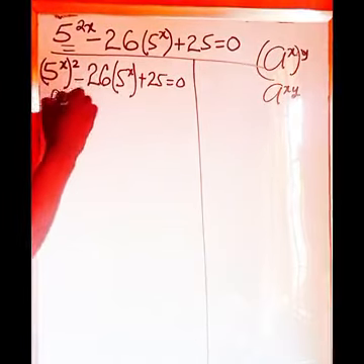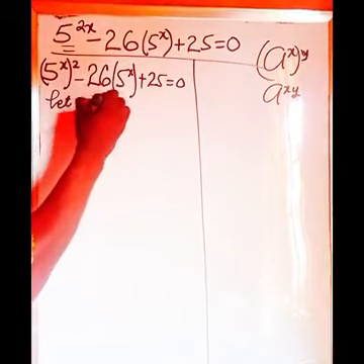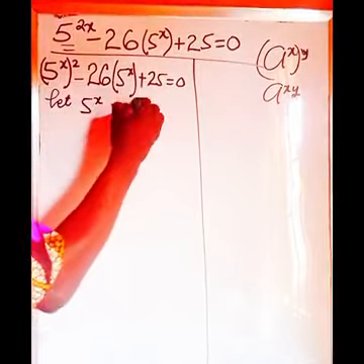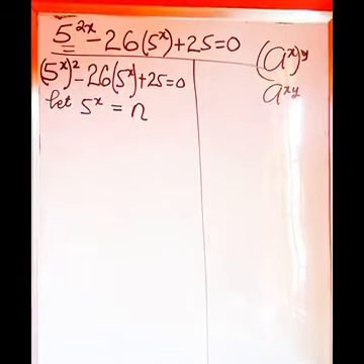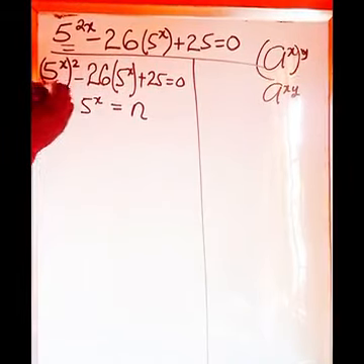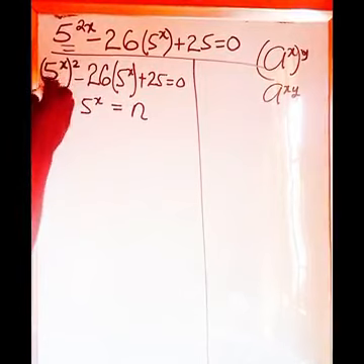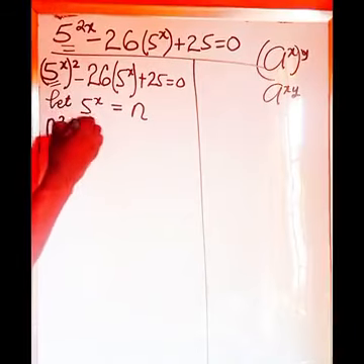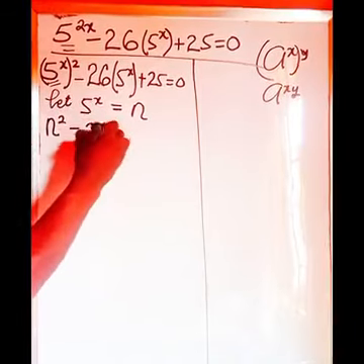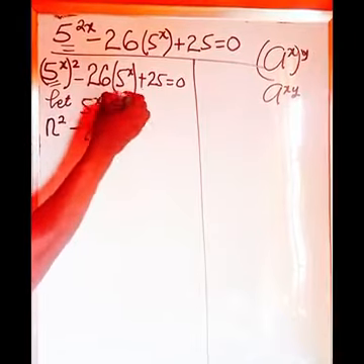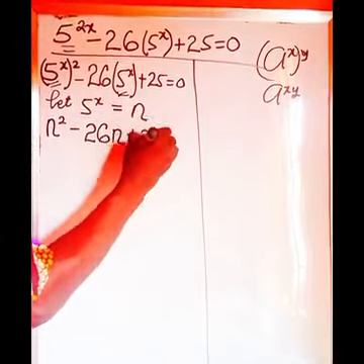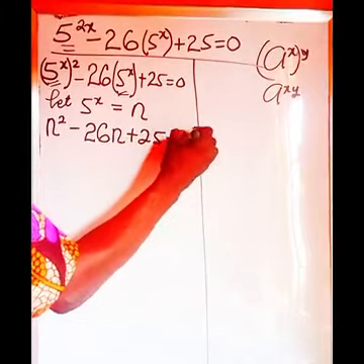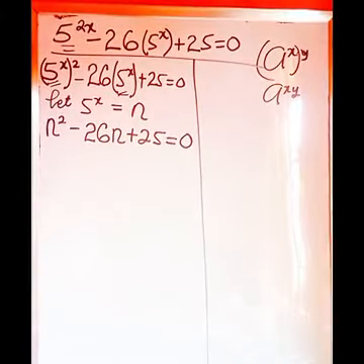Now you can say let 5 to the power x equals n. In that case, any place we see this, we put n. So we have n squared minus 26 n plus 25 equals to 0. Now we have a quadratic equation.